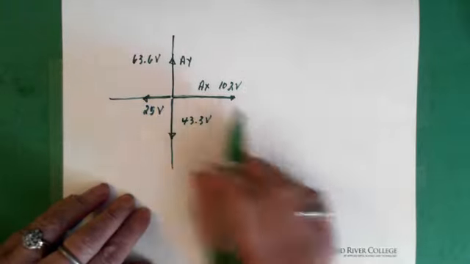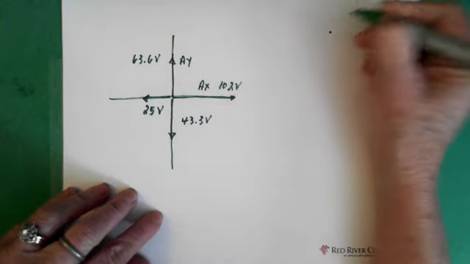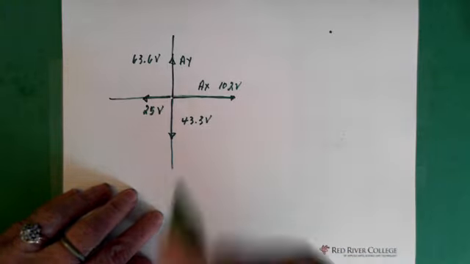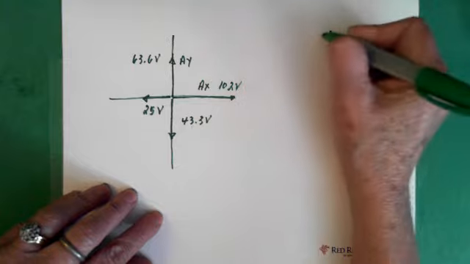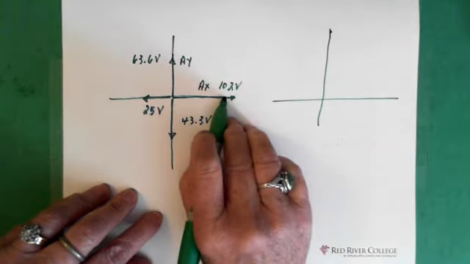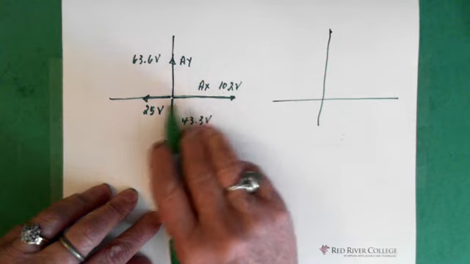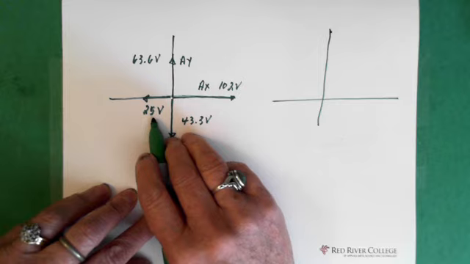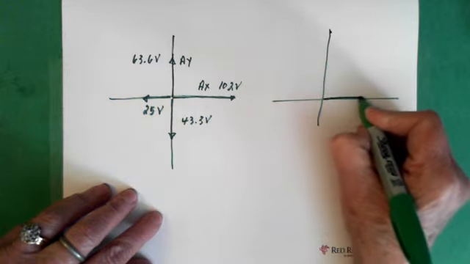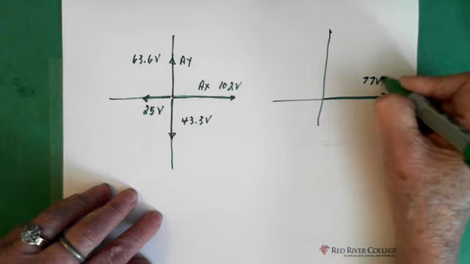We can see that in the x direction we have a positive 102 and a negative 25. So we subtract those numbers and we end up with a positive 77 volts.